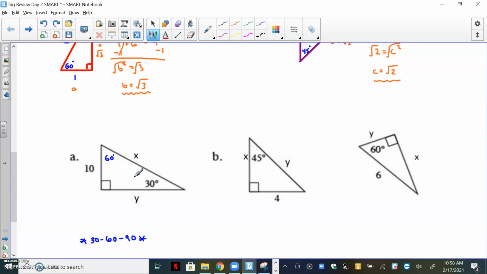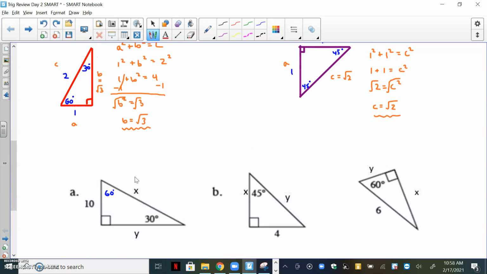So if we know that this particular 30, 60, 90 triangle is in proportion to this 30, 60, 90 triangle because of the equal angles, we can find a scale factor and use that to find the other two sides of my triangle. So here I have that the shortest side, the side that's across from the 30-degree angle, is a length of 10. Now on this triangle, the side across from the 30-degree angle, which is the shortest side, is 1.